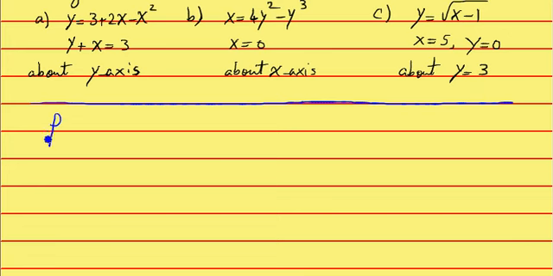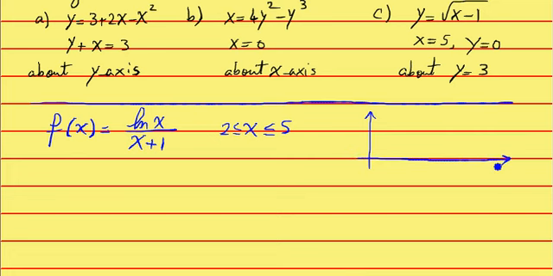So here's our function. f of x is equal to logarithm of x over x plus 1, and x is between 2 and 5. We don't need to have a very detailed picture of this, but it helps to have something. We know that this function is positive and eventually goes to 0, but even that detail is not of sufficient interest for us.